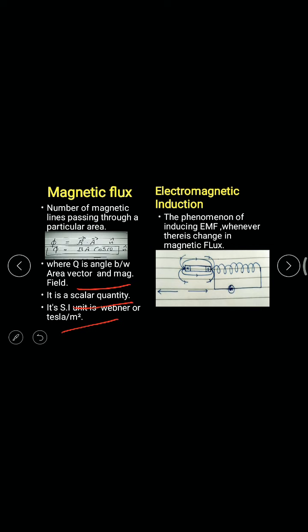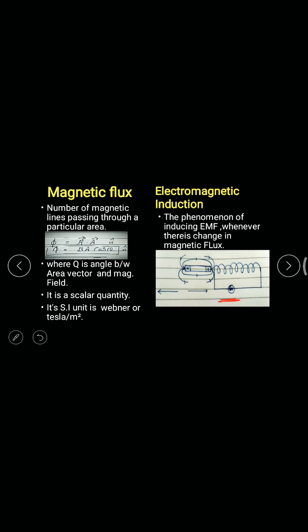Electromagnetic induction is a phenomenon of inducing an electromotive force whenever there is a change in magnetic flux. For a better understanding, I have drawn a diagram here in which you will see that I am having a galvanometer connected with a coil, and each turn of this coil will act as an area through which the magnetic field lines of this bar magnet will pass.